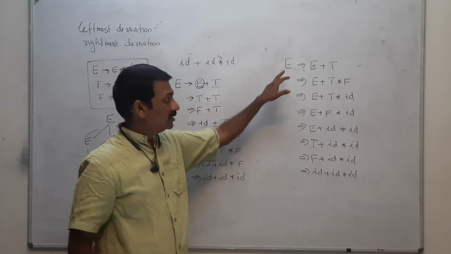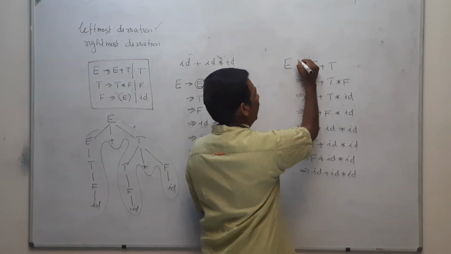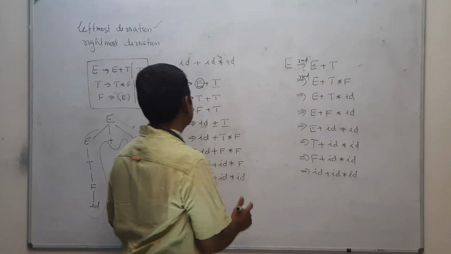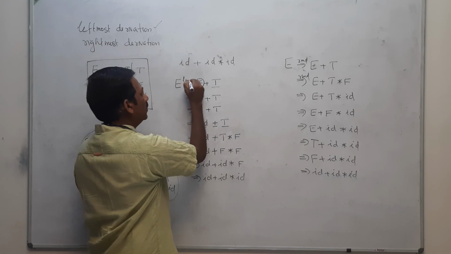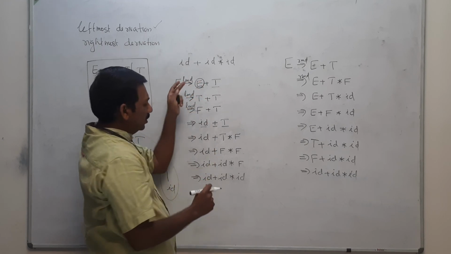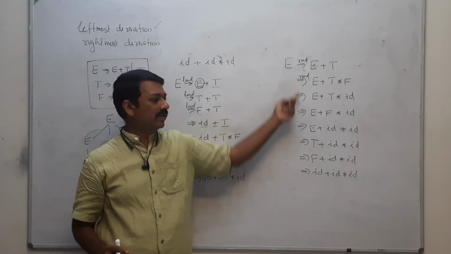Okay, this is the rightmost derivation. So here you can write RMD, that means rightmost derivation, and here you can write LMD, and this is RMD.